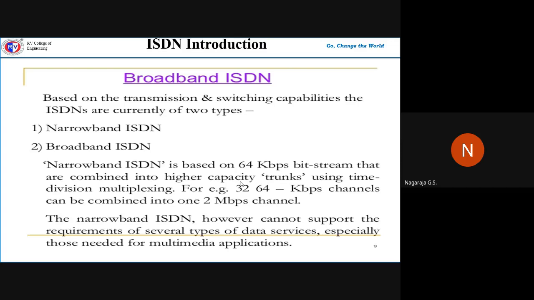That's one thing, and there won't be any clarity in it. That's the second thing, and there will be data loss also. You require more time also. There are many limitations if you stick to narrowband ISDN techniques. Hence they have switched over to the broadband ISDN technique.